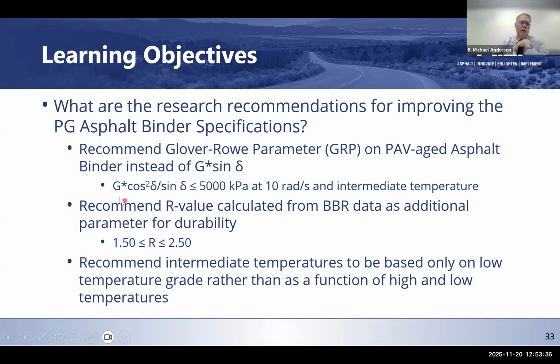When you go to Glover-Rowe, it's an error in G star, your error in delta here, that gets squared, and an error in delta here. Because I've got more deltas, if you will, I've got more opportunities for error. And actually what you find is that the Glover-Rowe parameter has a little bit higher variability than G star times sine delta does. You've got more chances for the errors to propagate.